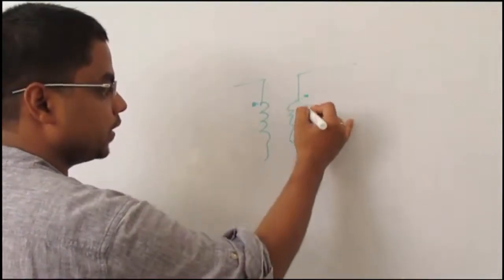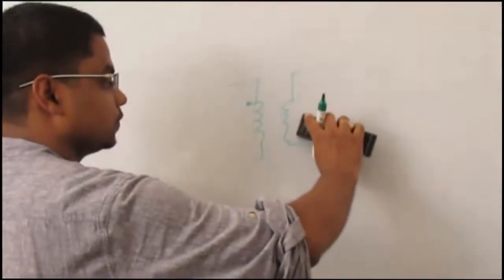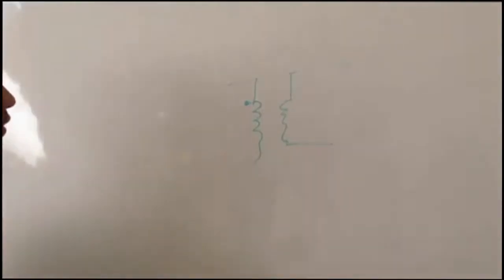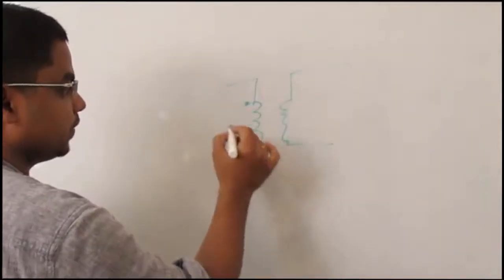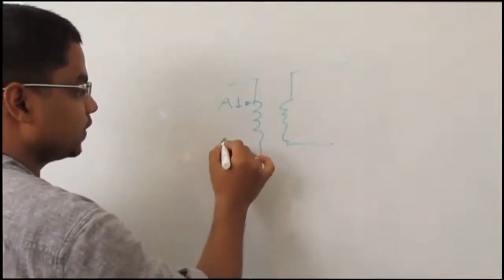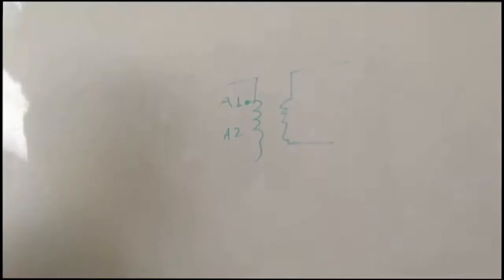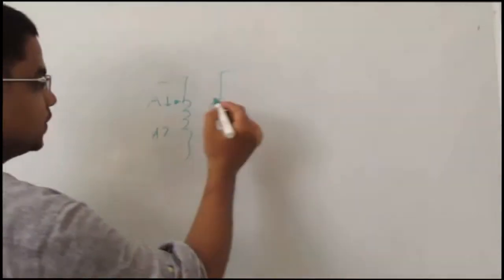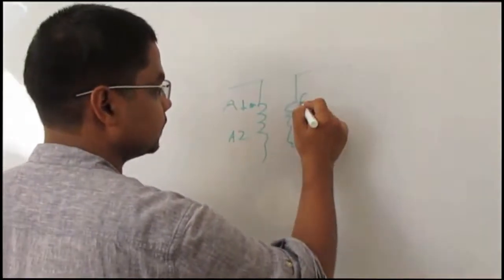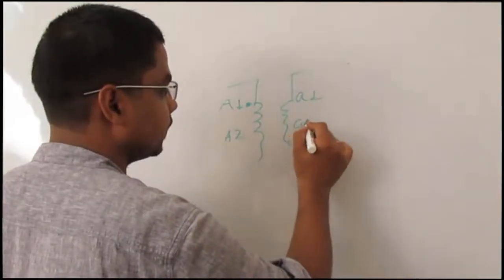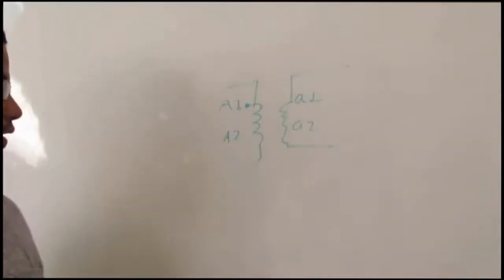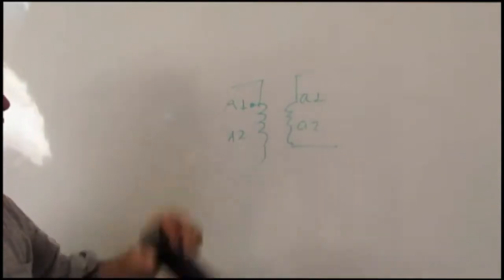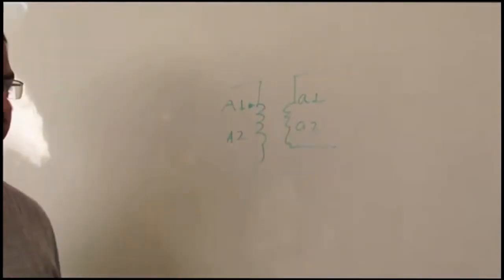So my dot should be here or should be here. What I will do is name these terminals A1 and A2, and name these terminals A1 and A2. So A1 and A1 will be of the same polarity, and assuming A2 and A1 are of opposite polarity.